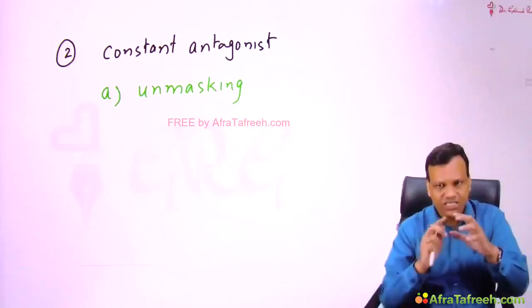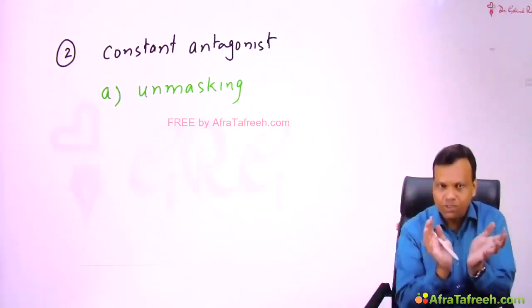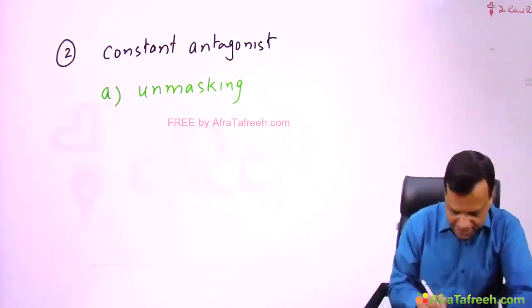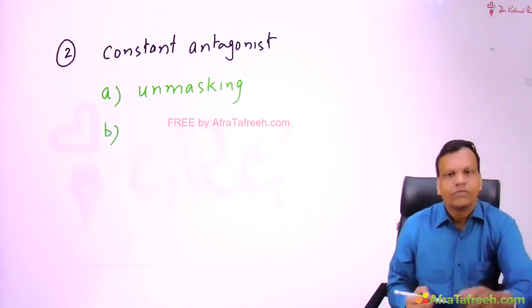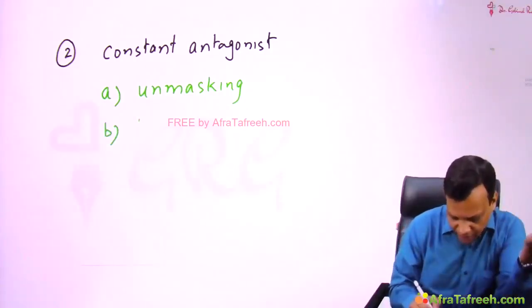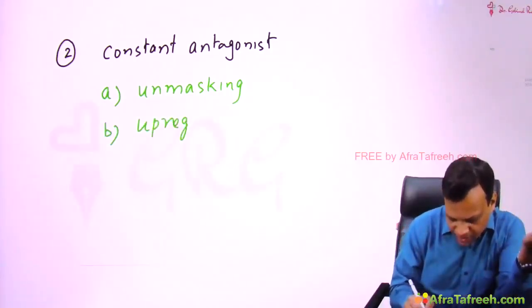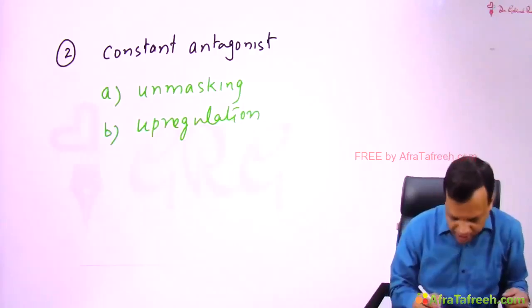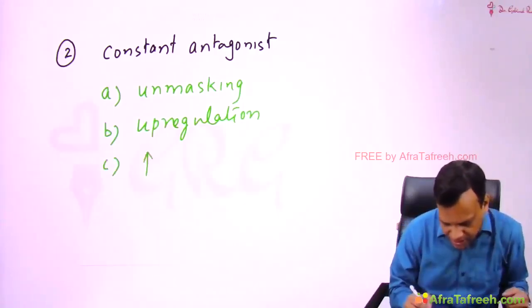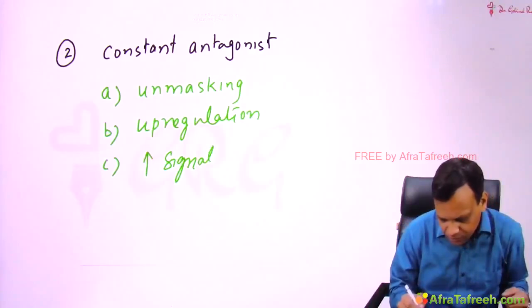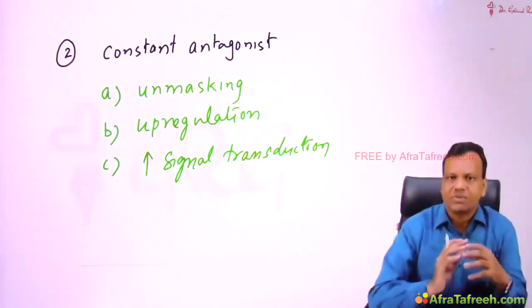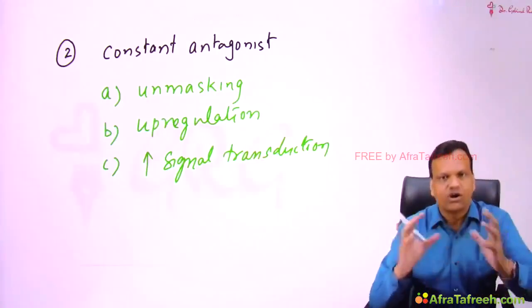Unmasking means the receptors which are present below the membrane, sideways, will come on the membrane, so it can work more. Second, instead of down regulation, we will have upper regulation. More receptors are synthesized. Again, upper regulation will require a little time. And third, there will be increase in signal transduction. So the same number of receptors can stimulate the G proteins more. Okay? So that is constant presence of antagonist, or the receptor is not stimulated.